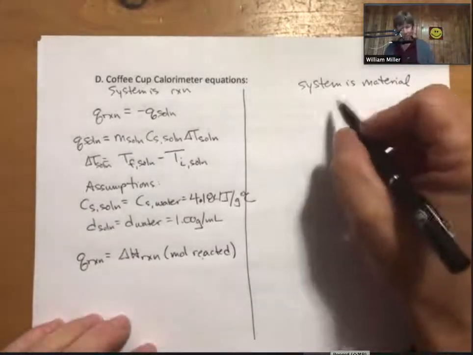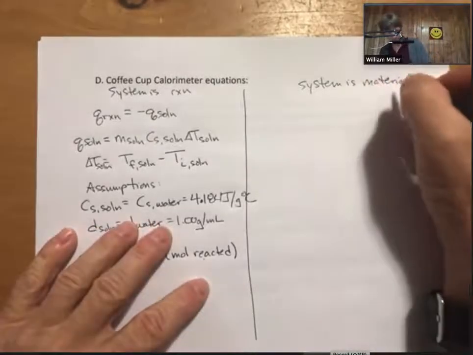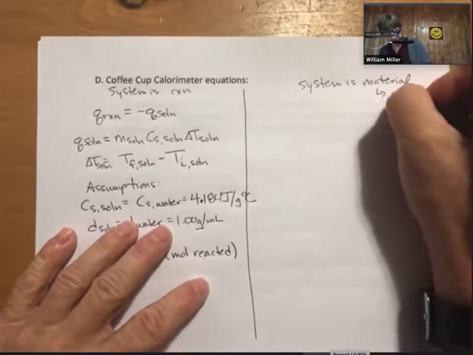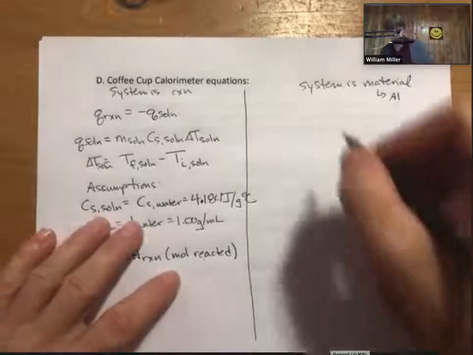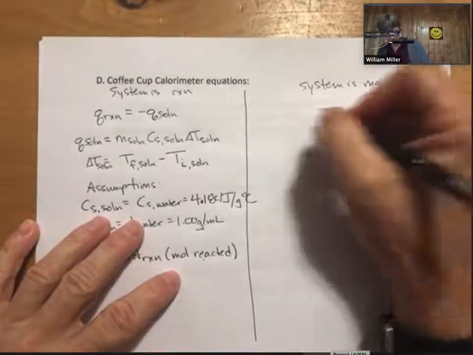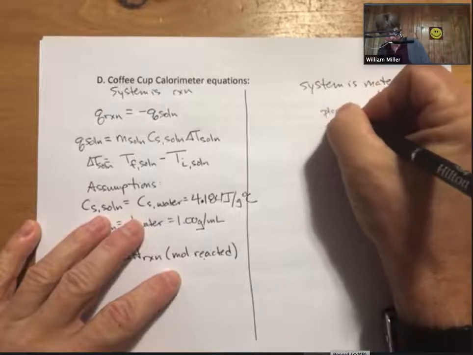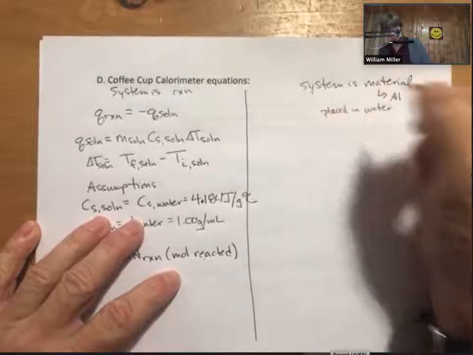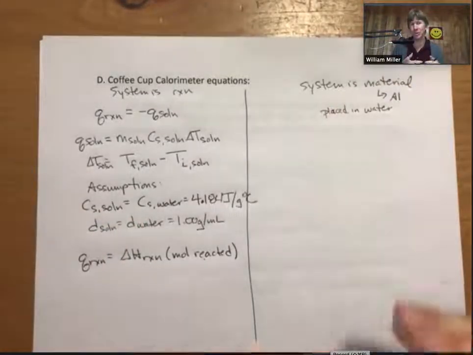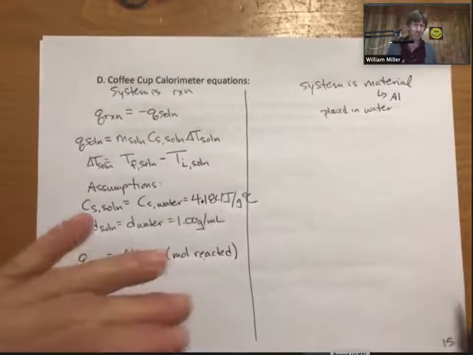It's similar when the system is a material. Let's assume that the material is aluminum, and that aluminum will typically be placed in water. The material is typically placed in water. You'll see a couple times where there's 2 different materials, but typically it's a solid placed in a liquid at least.